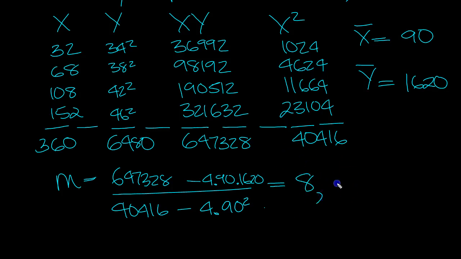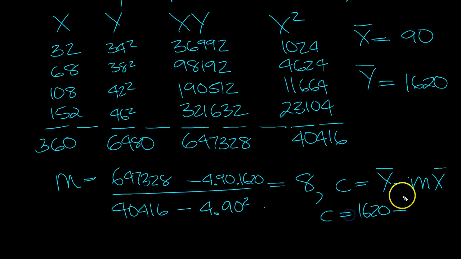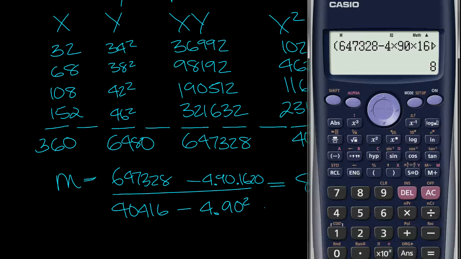And then C is equal to y bar minus m x bar. Y bar is 1620 minus m, which is 8, times x bar 90. So we got 1620 minus 4 times 90, wasn't it?